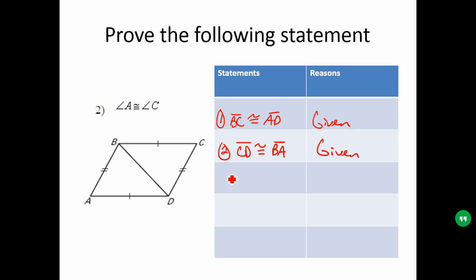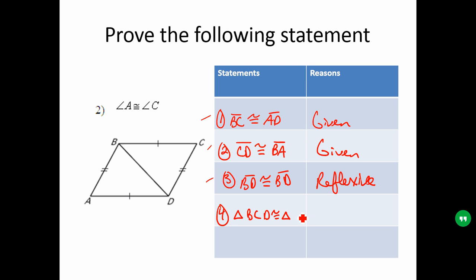But now we can also state that BD is congruent to BD because they're two triangles that are pushed up and share a side, and that's the reflexive property. This now gives us side, side, side. So for step number 4, I can state that triangle BCD is congruent to triangle DAB, based off of side, side, side.